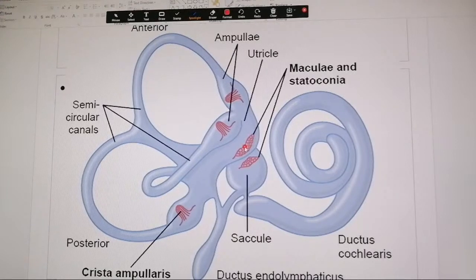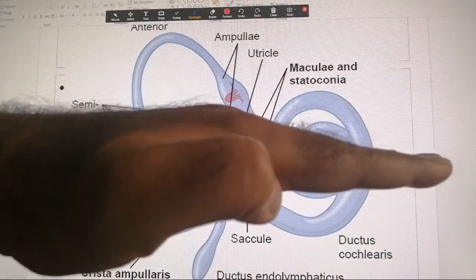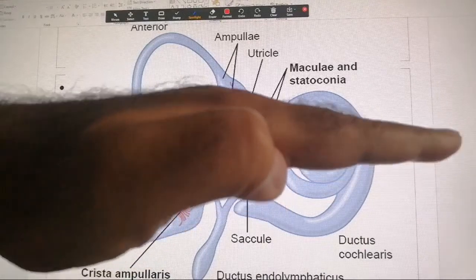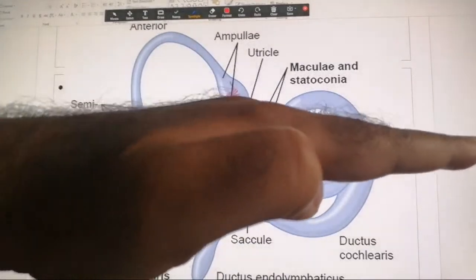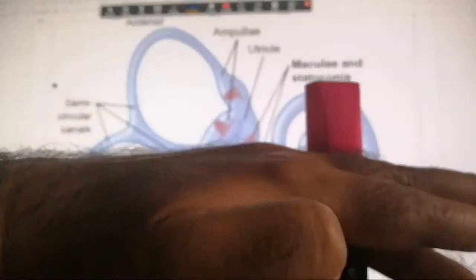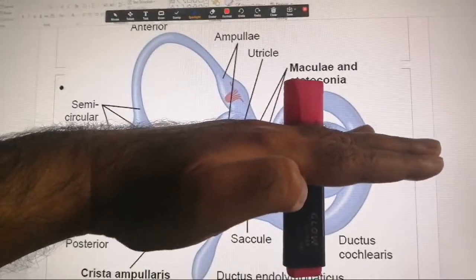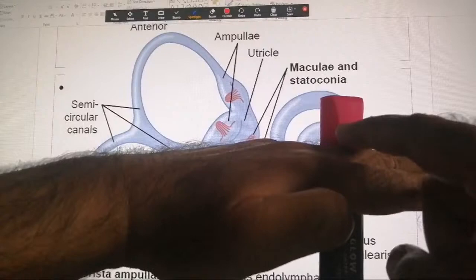So, as I was explaining to you, this is the macula of the utricle. This is the utricle. I'm telling you the orientation of its macula. This marker here is the macula. So, all the hair cells are arranged in this direction. Can you see this?